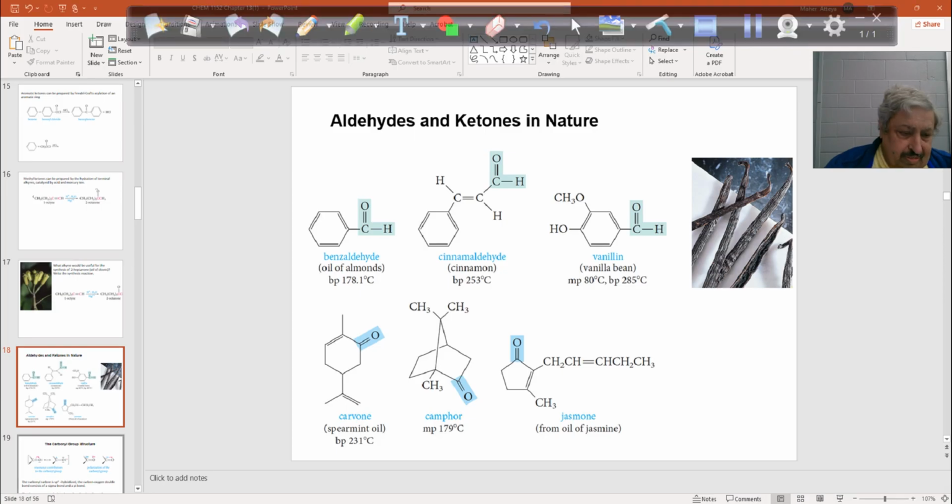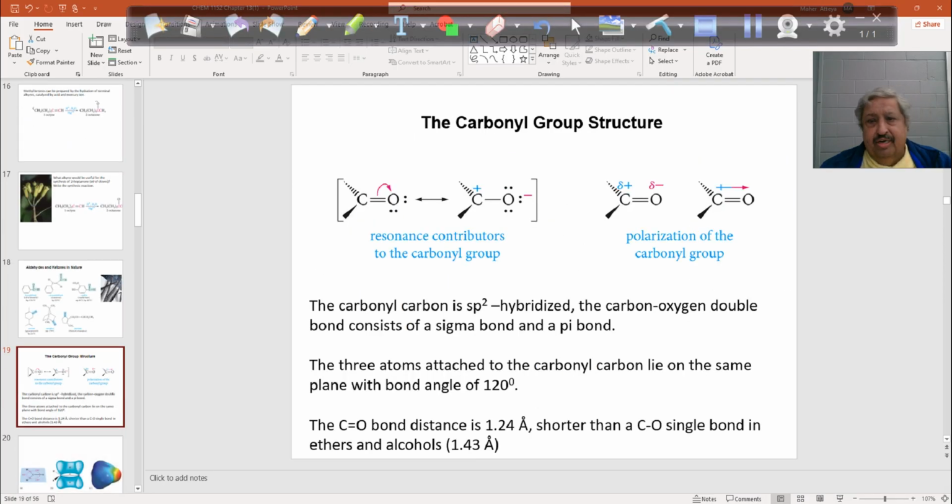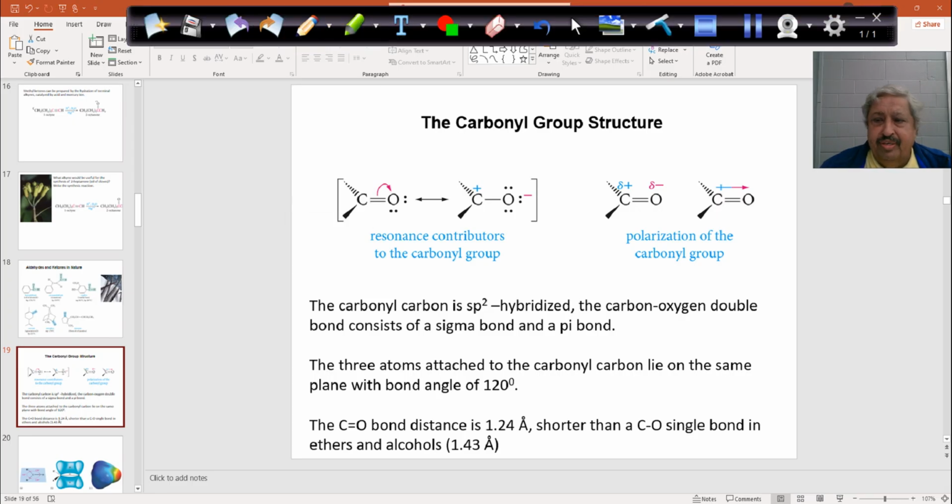So let's take an example here. Carbonyl group structure. We call this a mechanism of resonance. Resonance means sometimes the double bond is changing. That's what we call resonance, the delocalization of the double bond, correct?